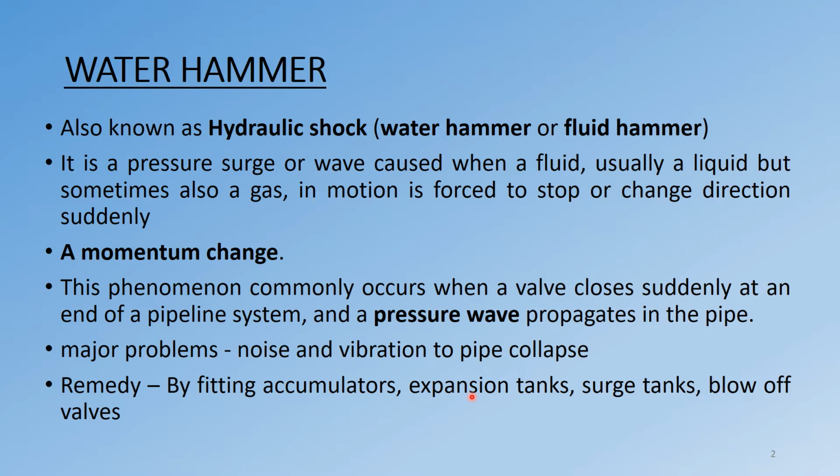So for example, if you are providing an expansion tank, the flow of the liquid will be obstructed or changed only gradually, rather than a sudden momentum change or a sudden intensity increase. The expansion tank or surge tank, etc., will slow down the effect in such a way that the intensity is reduced and that hammering sound can be avoided, and hence the pipe life can be extended.